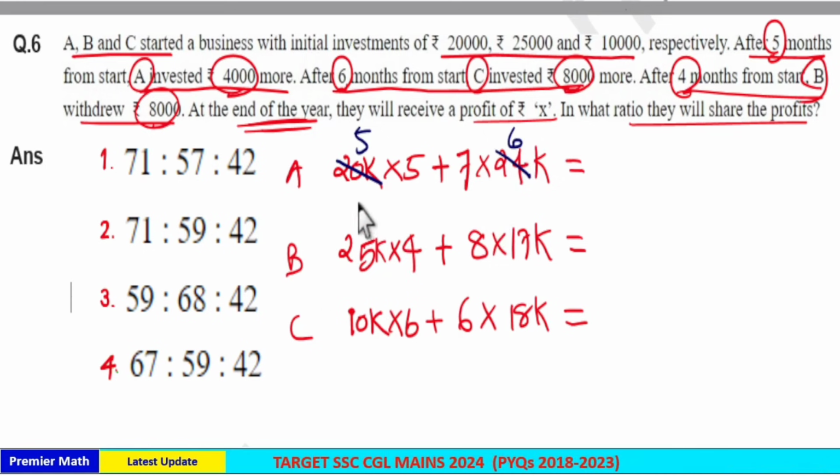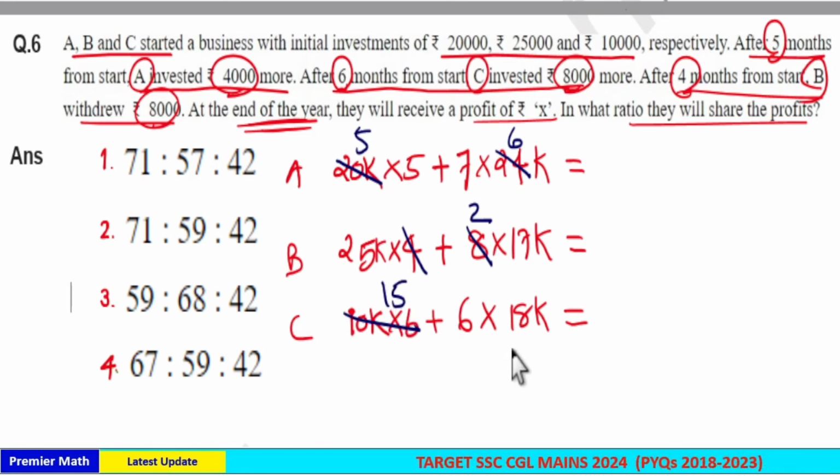Here, you have to cancel 4 from each term because there is a plus sign between each term. In the same way, here 4 goes 2 times in 8. Here, 4 goes 15 times in 60. And here 9 into 2 is 18, 3 into 2 is 6, so 9 into 3 is 27, and 4 goes in 6 into 18.